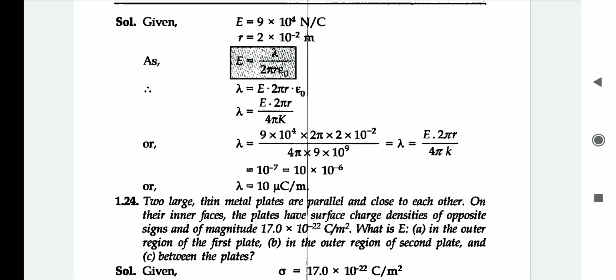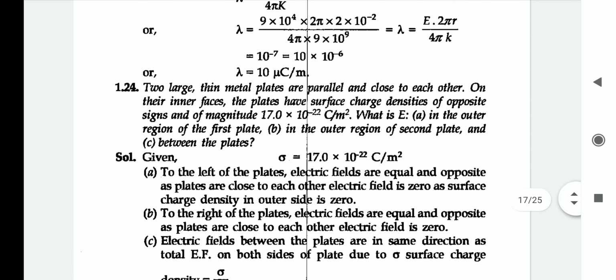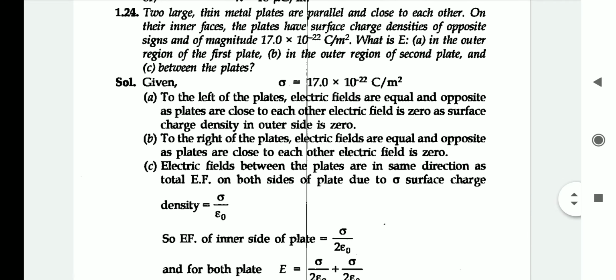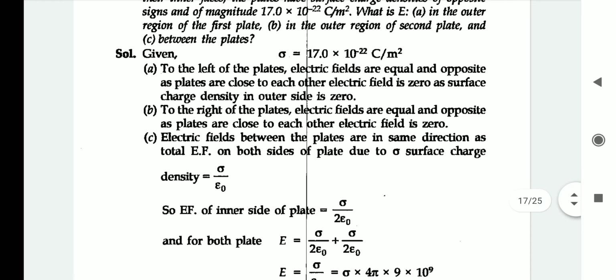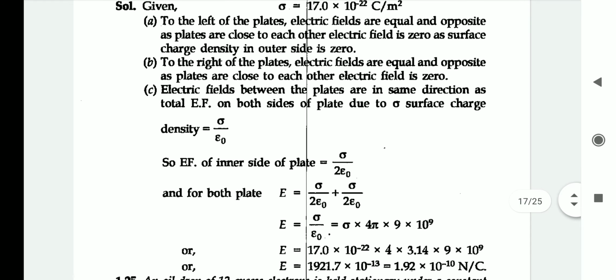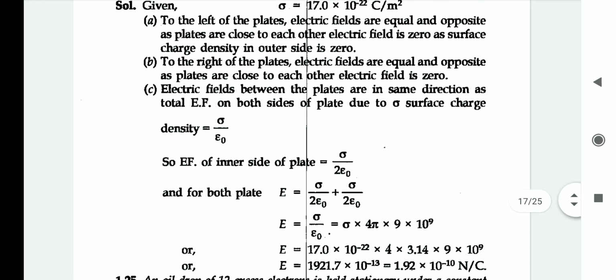In the second case also, in the outer region of the second plate E will be equal to 0, and between the plates, that is in case C, E will be equal to sigma upon epsilon naught. Simply substitute the values for sigma and epsilon naught, and we will get the answer, that is E is equal to 1.9 into 10 to the power minus 10 Newton per Coulomb.